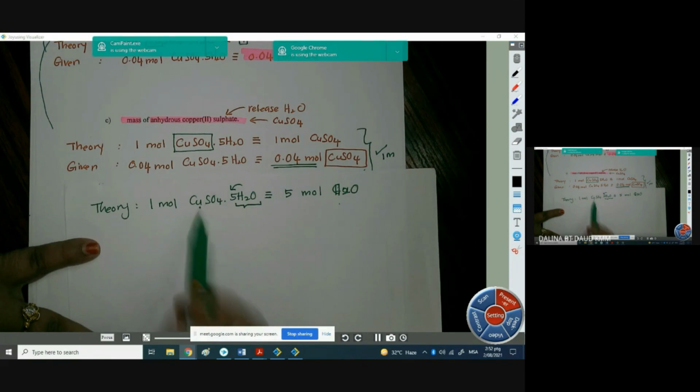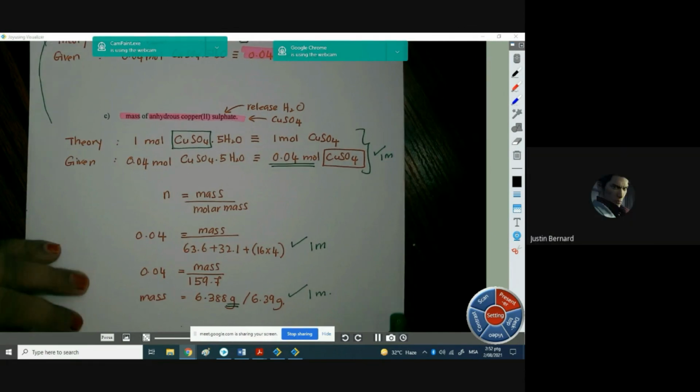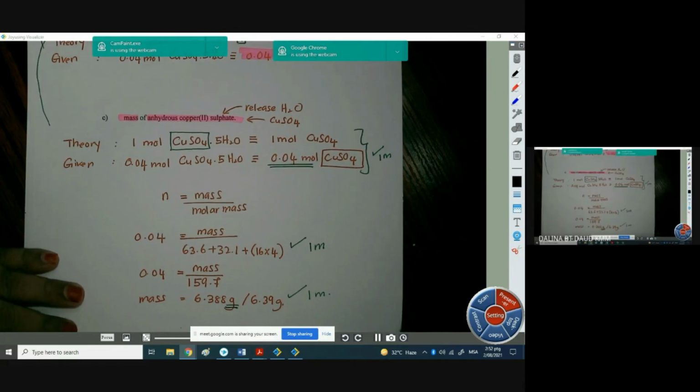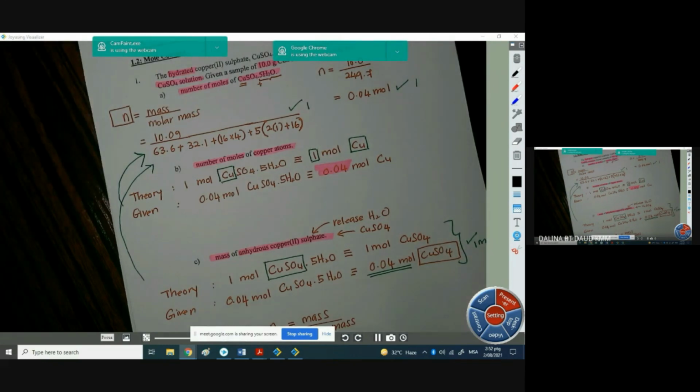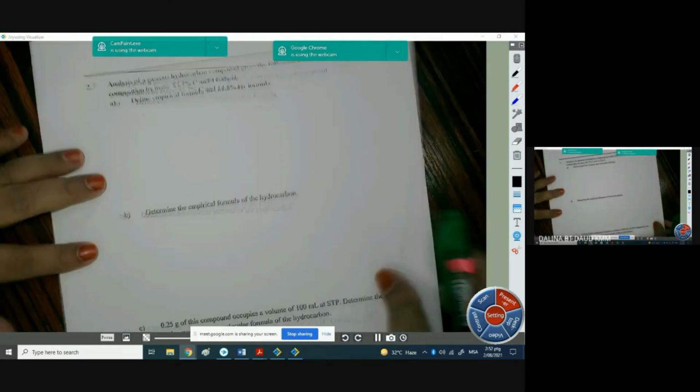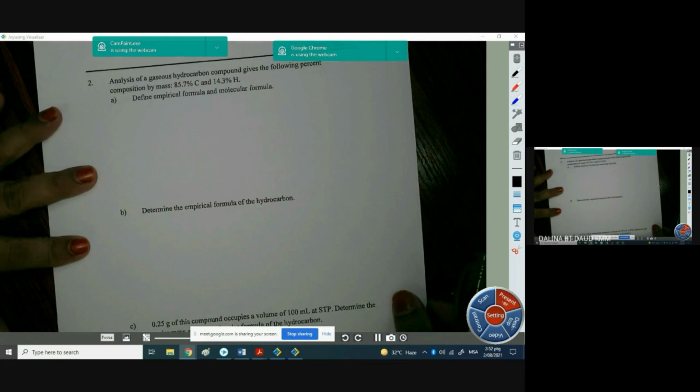Okay, so can we continue with the other question? Okay, so we go to number 2. Number 2 is about empirical and molecular formula. Question number 2: analysis of gases, hydrocarbon.